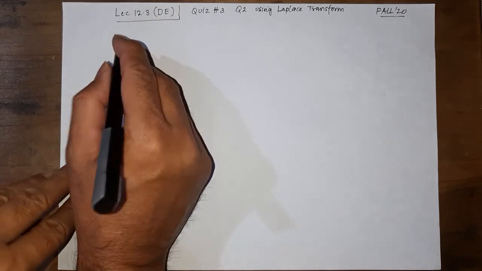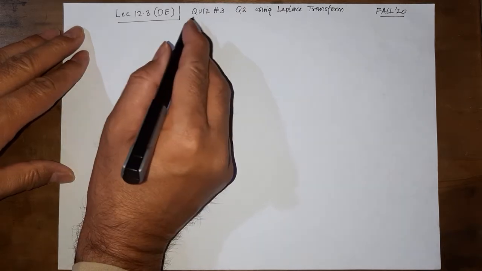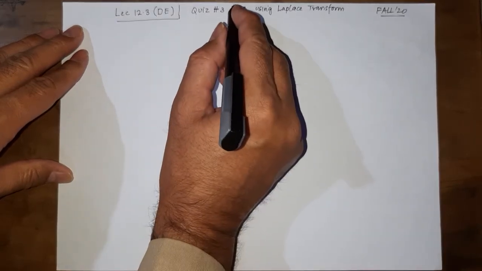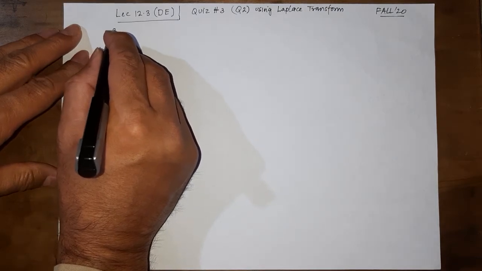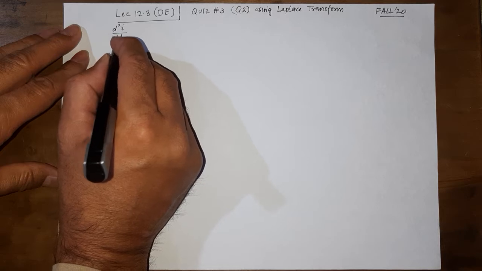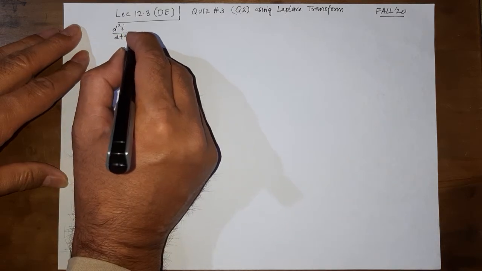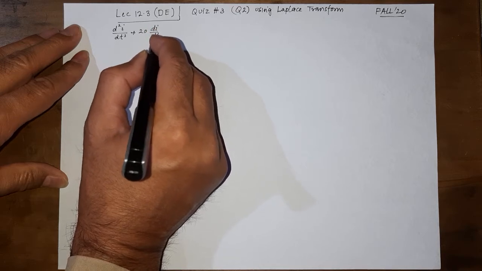Okay, so we are now going to do the same problem, quiz number 3, question number 2, using the Laplace transform. So remember the second order differential equation that we are trying to solve is this one.